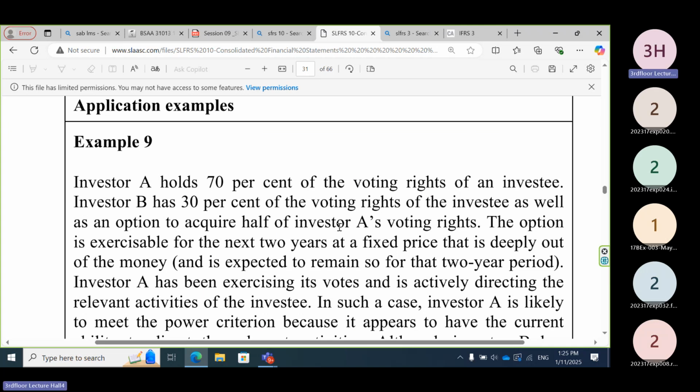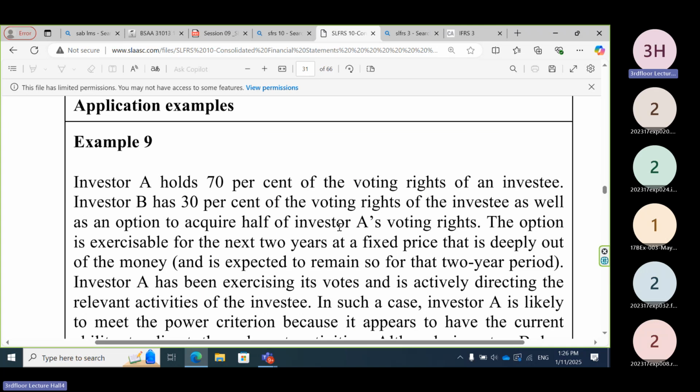It clearly says acquire half of investor A's voting rights. The option is exercisable for the next 2 years at a fixed price that is displayed out of the money and is expected to remain so for that 2 year period.